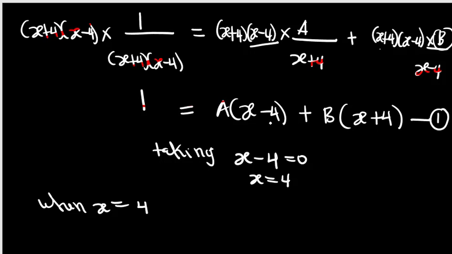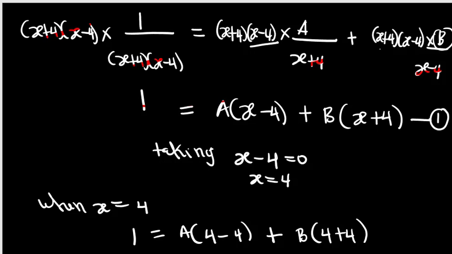Wherever that we see x, we substitute the 4 there. So we have 1 being equal to, we have a 4 minus 4 plus b, we have 4 plus 4.